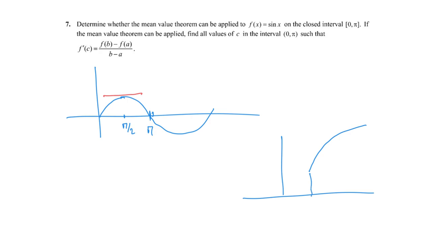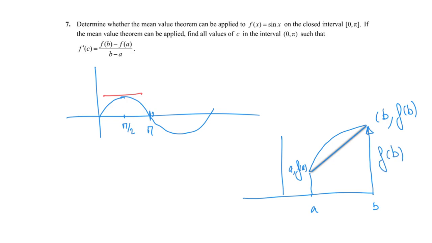So this is the point A. This is the point B. This is the line connecting the point A, comma, f of A, with the point B, comma, f of B. This height is f of B.